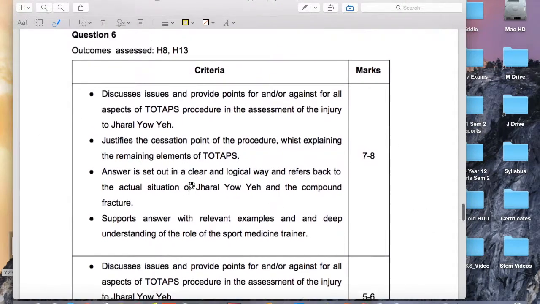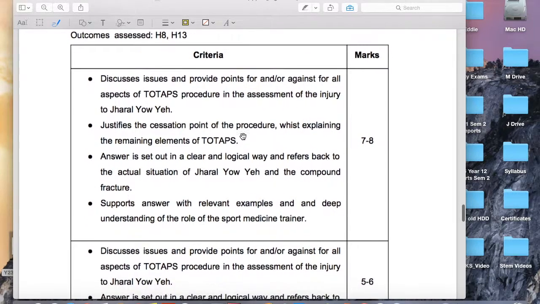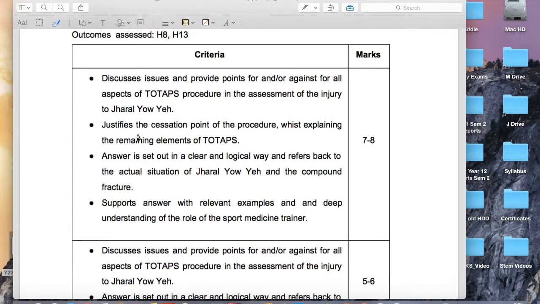If we have a look at the marking guidelines, to be able to get you into a 7 or 8, you need to discuss all the areas of the toe taps procedure. So you need to look at those and understand those. You need to justify a cessation point of the procedure whilst explaining the remaining elements.